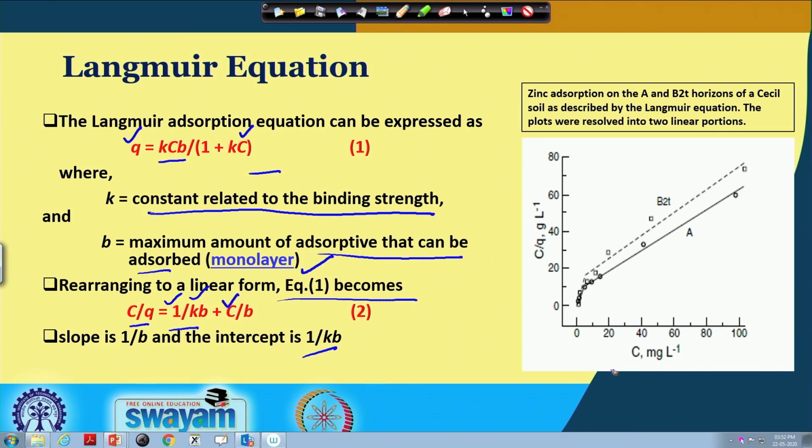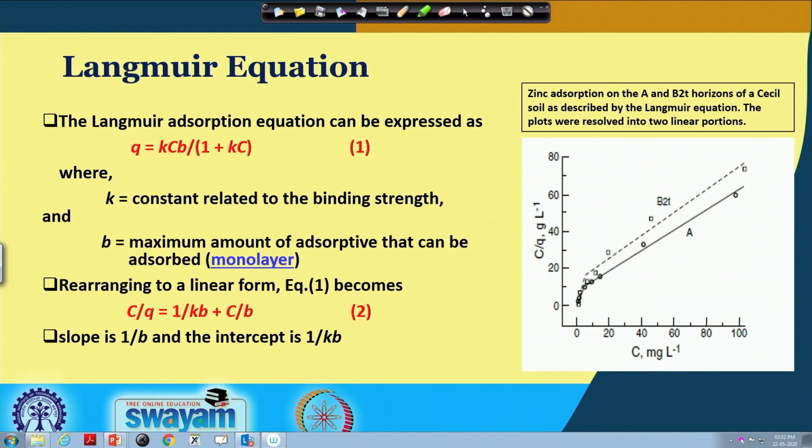Here, if we put the equilibrium concentration on the x axis and C/Q, that is the amount adsorbed, on the y axis, we can see this type of isotherm. So, this is an example of a Langmuir adsorption isotherm.